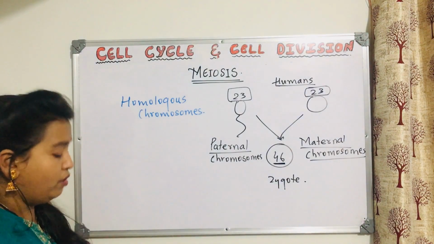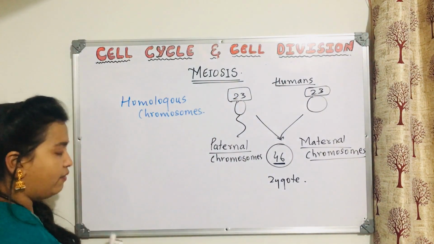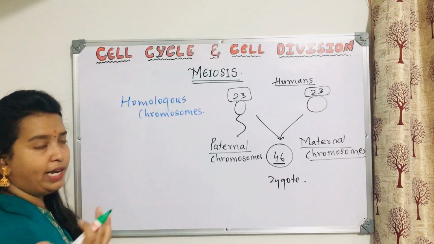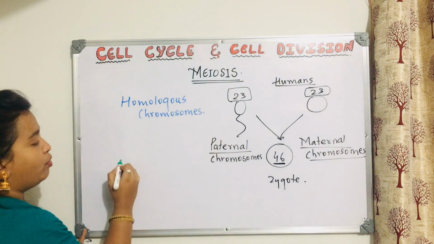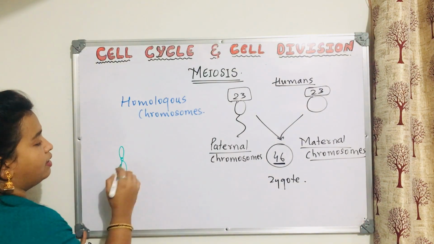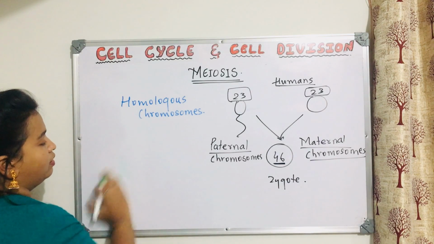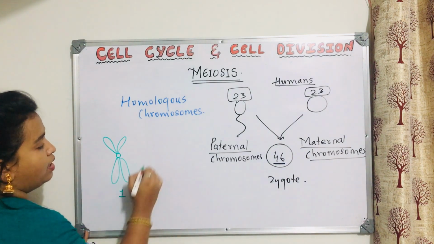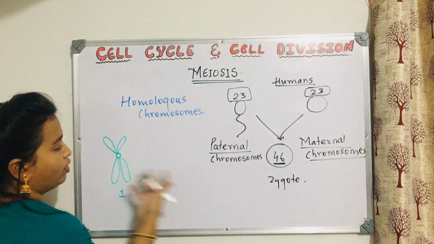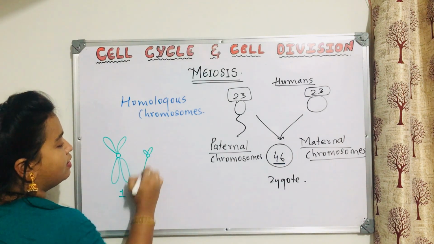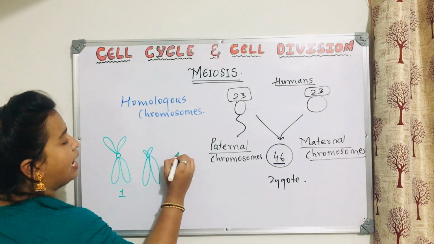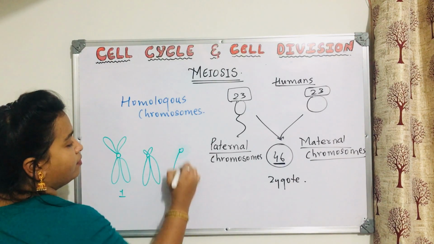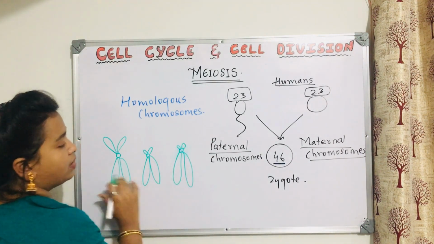Now, I cannot draw all 23 chromosomes, so I'll just try to explain homologous chromosomes with an example of the first three. Let us consider this is the first chromosome, this is the second chromosome, and this is the third chromosome.